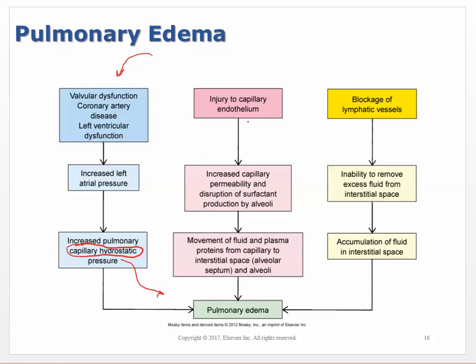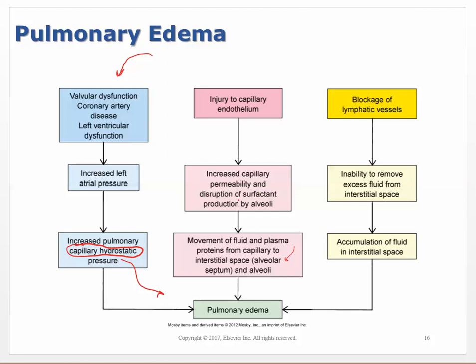Injury to the capillary endothelium. So now if we have the pulmonary capillaries that become inflamed, infected, something like that, then that's going to increase their permeability. So we've seen that, we've talked about that before, and that's going to allow more fluid and plasma proteins to move into that interstitial space, and that's also pulmonary edema.